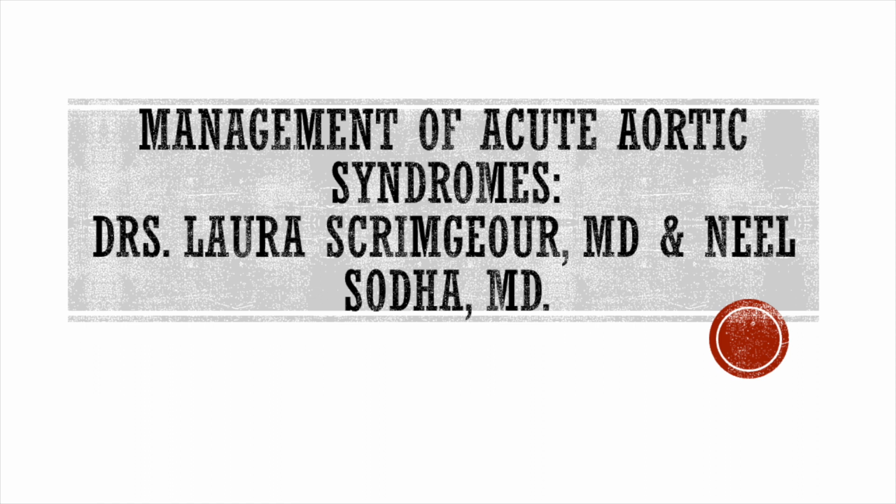That's a great segue into this. Laura, if you could talk to us a little bit, what do we mean when we're talking about aneurysmal disease? And Dr. Sodha just mentioned a couple of things like type A, type B. Can we clarify those terms for the audience? Sure. So thinking about an aneurysm of the aorta, it's defined as 1.5 times the normal size. And you can differentiate true aneurysms from false aneurysms as whether or not they penetrate through the aortic adventitia or if they don't penetrate through.